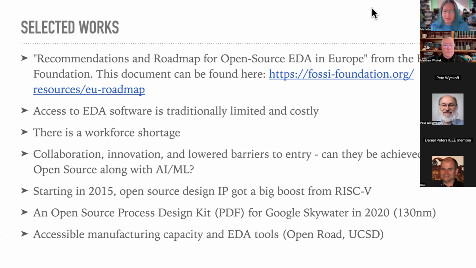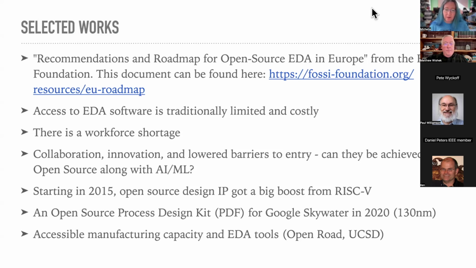An open source process design kit, or PDK, for Google SkyWater came out in 2020. And this targeted a 130 nanometer process. So not exactly cutting edge, but this was a big deal and has made a significant impact. So we can see the effect of some open source frameworks and tools and intellectual property.